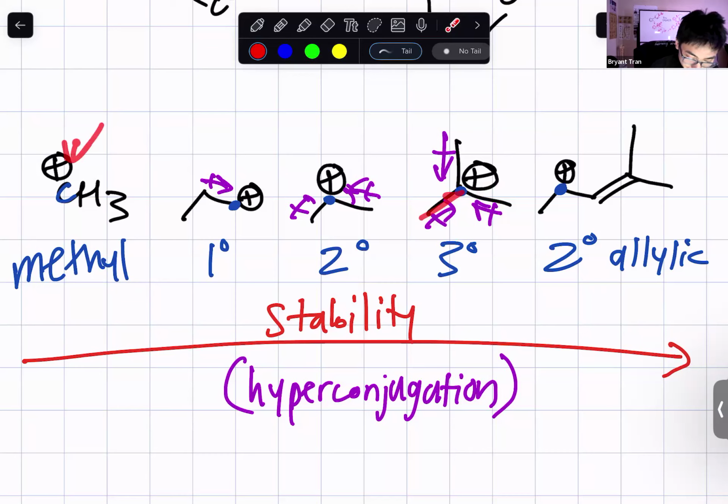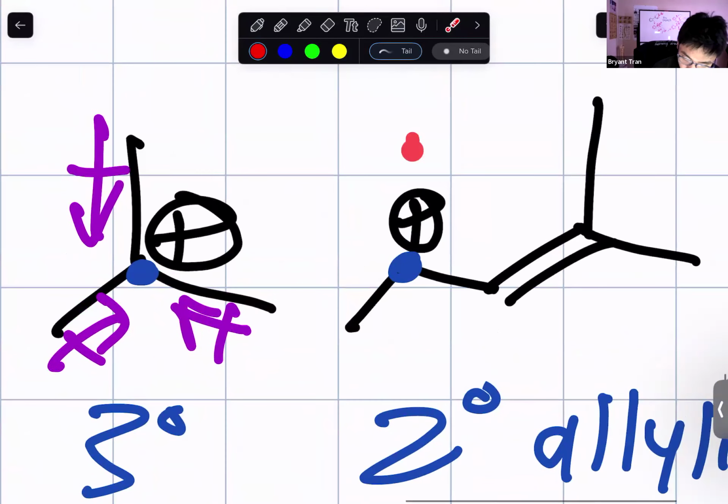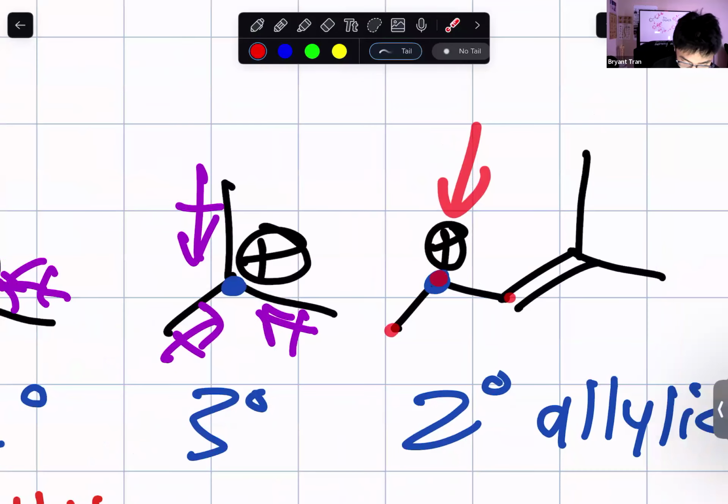Whereas this carbon here has no friends. There's no R groups attached to this carbocation. Hydrogens do not count as an R group. They cannot donate electrons inductively, but the hydrocarbons can. So the more R groups around the carbocation, the more stable it's going to be. But we see here, this carbocation is secondary because it's attached to 2 other R groups, 1, 2.